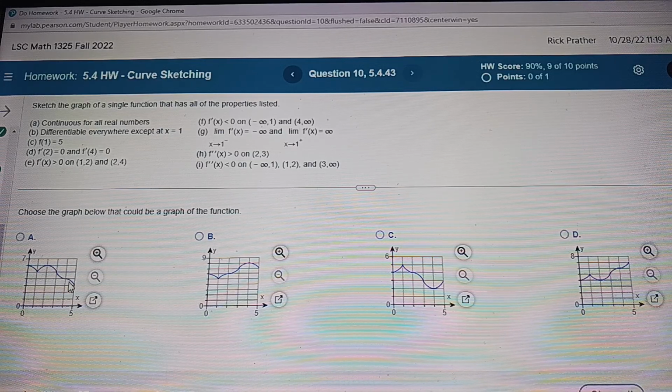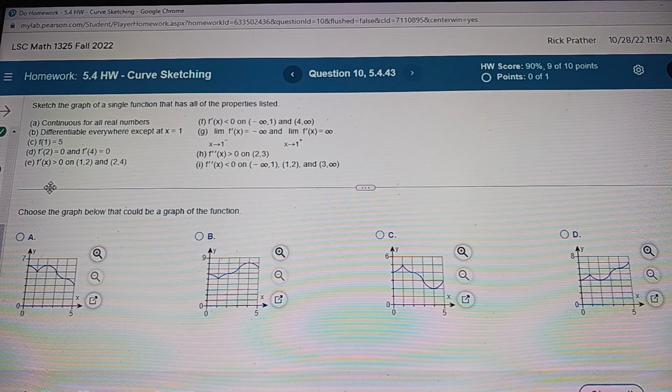So that would just not be a local maximum or a local minimum. That would be where you're decreasing up to the critical number and then decreasing after it. So that's okay. That didn't eliminate that graph yet. 2, same thing. 4, same thing. They all have flat points there, so that didn't help me eliminate anything.